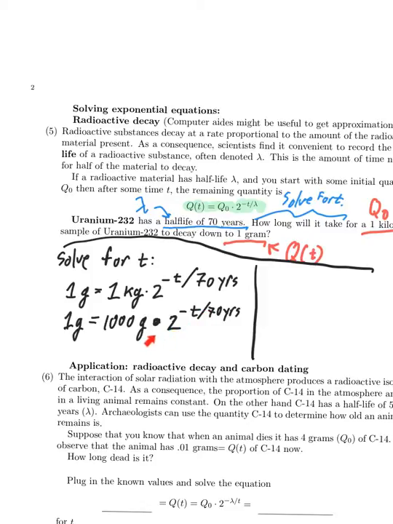Then take the result of that and multiply it by 1,000 grams. The last thing that happens is you multiply it by 1,000 grams, so the first thing you should do is undo that. So I see 1 gram divided by 1,000 grams is equal to 2 to the negative t divided by 70 years.